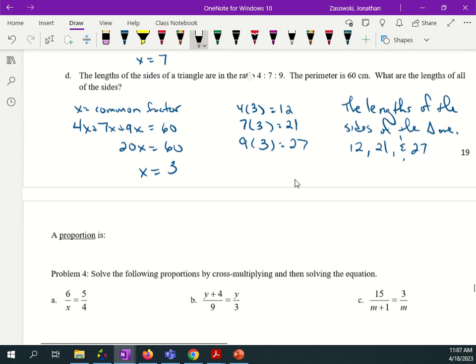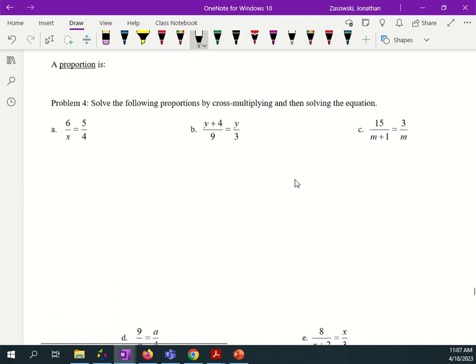So heading over to the next page, we're going to talk about the next topic, which is a proportion. So who can tell me again what a proportion is? We know a ratio is a comparison of two quantities, usually using a fraction. A proportion is not exactly the same thing, in a way.